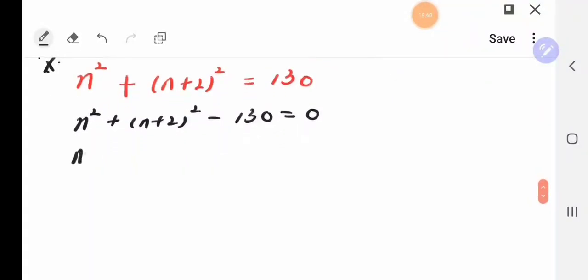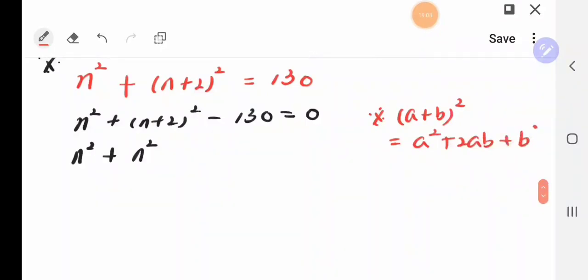So for this, we have to distribute. Let's expand the second term using the formula. Do you remember the formula? A plus b squared equals a squared plus 2ab plus b squared.